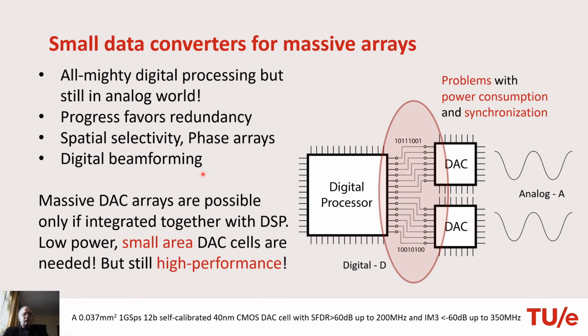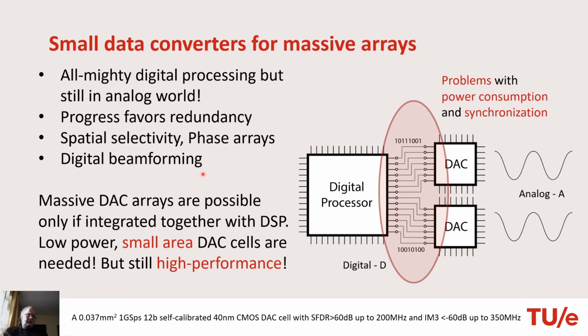And if we want to control this beam from the digital domain in a very accurate way, and if we want to have even more beams, so if we want to have multi-beam communication, we need to go to digital beamforming.